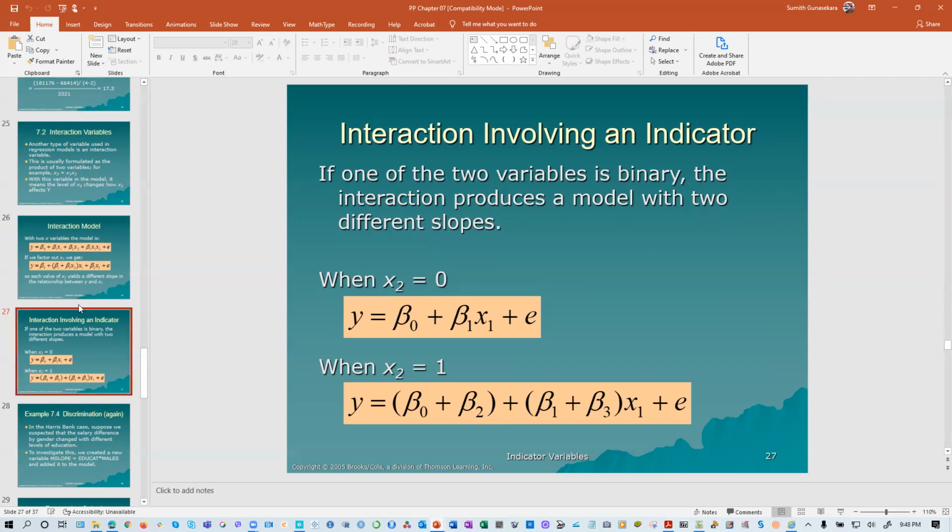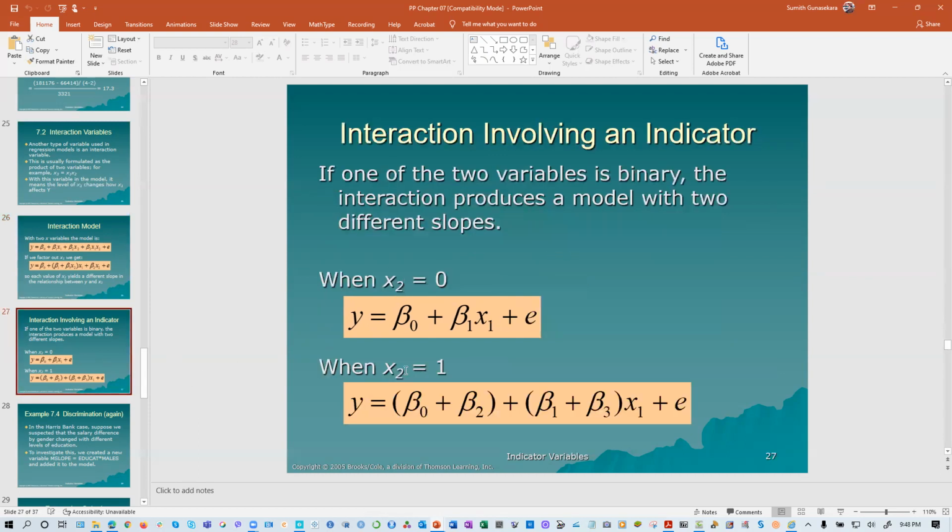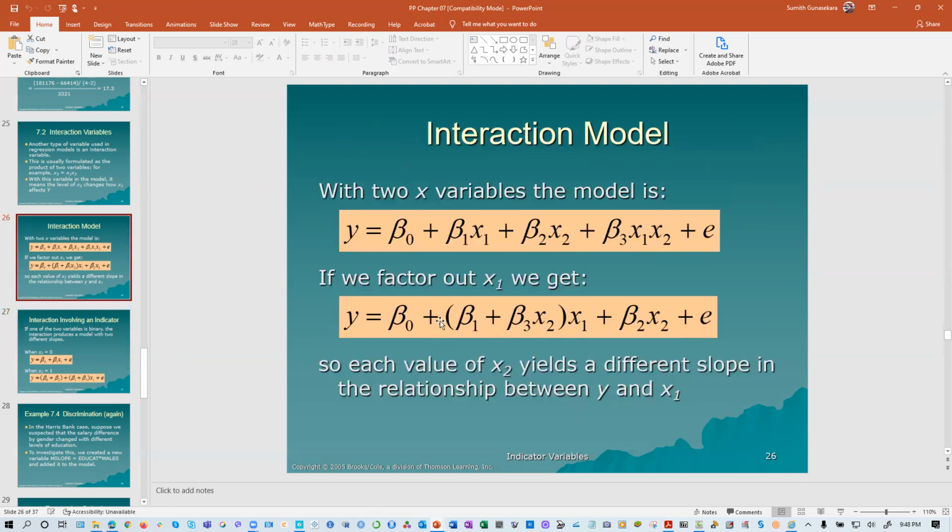It depends on the categorical variable. Let's say this is a categorical variable, and it's the one playing a role here. X2 is assuming 0 and 1. X1 is a quantitative variable. You factor x1 out to get different slopes and relationships.